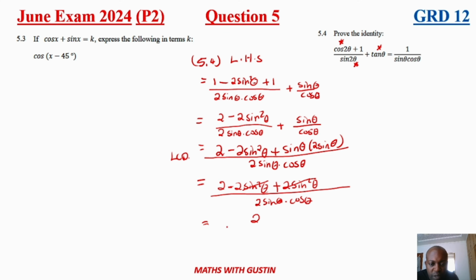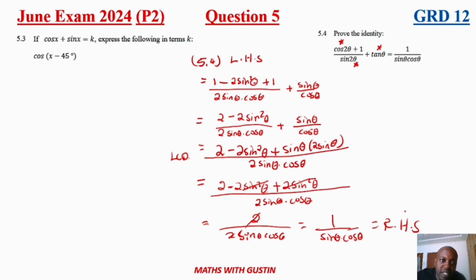So at the top we are left with 2 all over 2 sine theta times cos theta. Then we can take out a 2 here and a 2 there, so we are going to be left with 1 over sine theta cos theta, which is also equal to the right hand side.